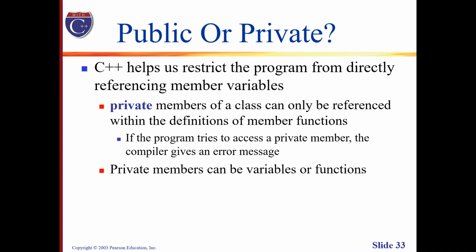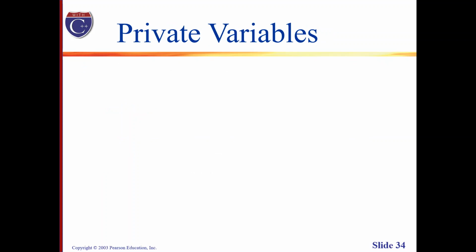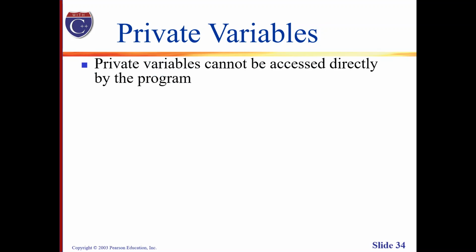Private members can also be variables or functions, which means aside from member variables, we can also declare some of our functions to be private. Now let's talk about private variables. Private variables, as we have mentioned a while ago, cannot be accessed directly by the program.